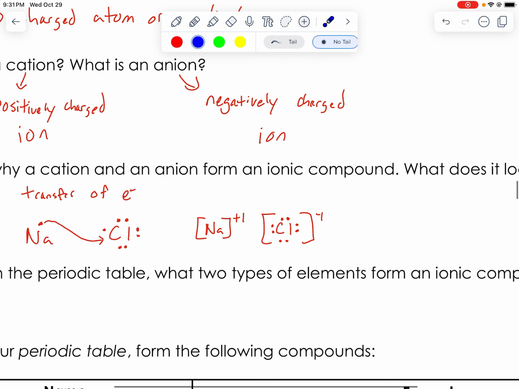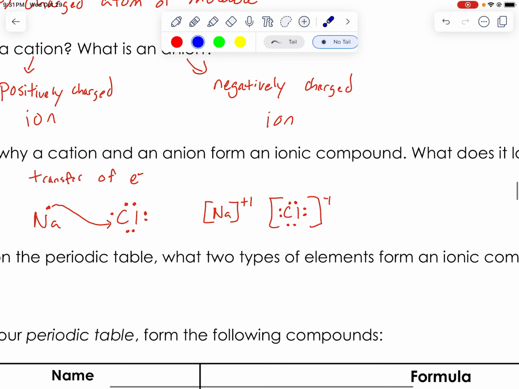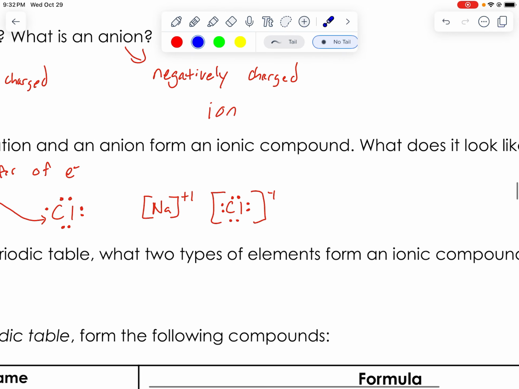Now these form a compound because they have opposite charges. So they're kind of like stuck together like magnets. You can almost think of a positive and negative end of a magnet. They're stuck together. That's what a cation and anion are doing. What does it look like?